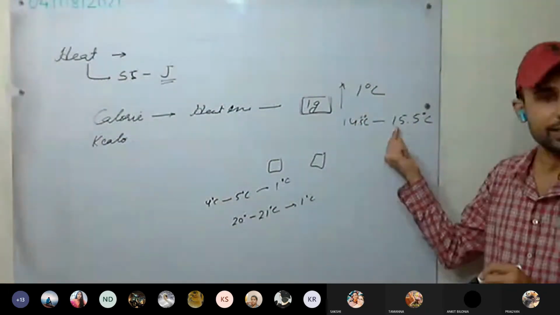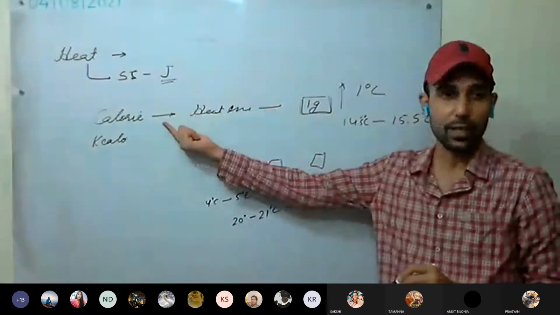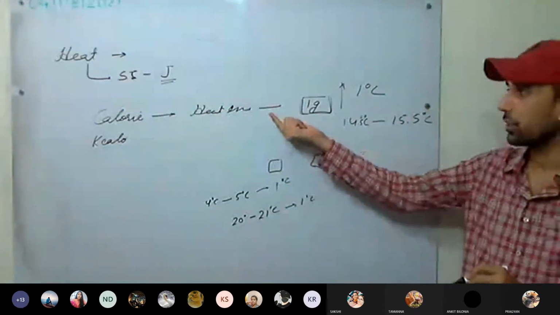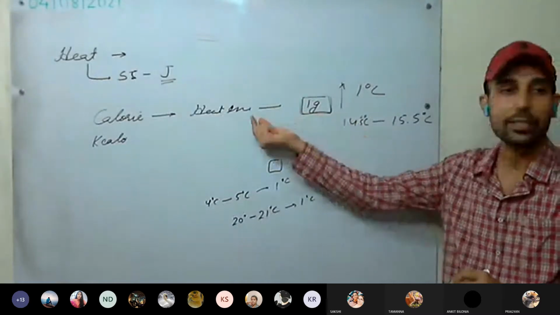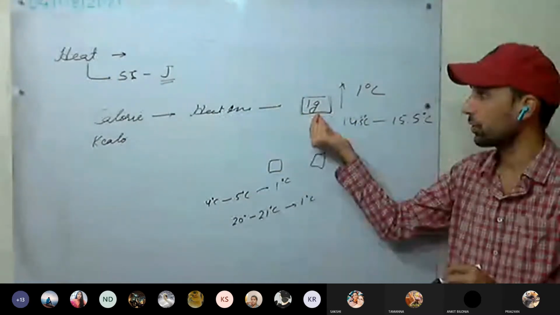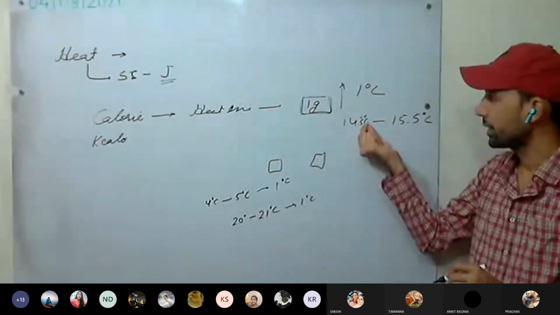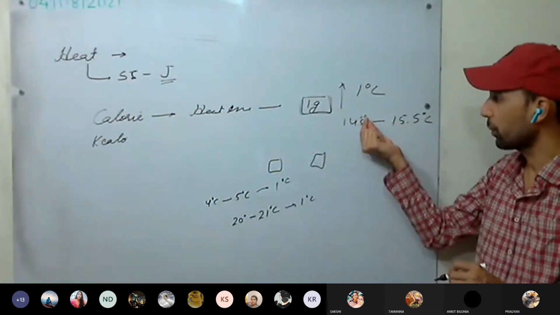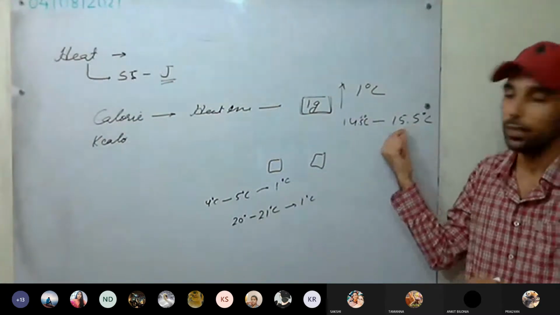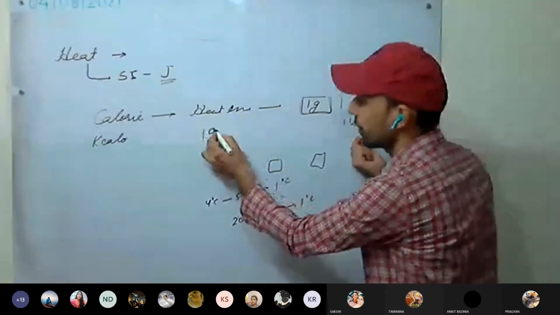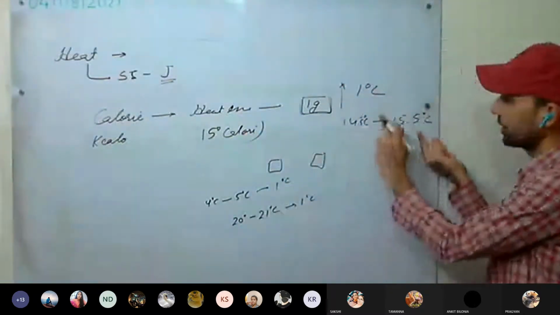It is again 1 degree Celsius only, but we have specified the range. Okay, this is clear. This definition is called the 15 degree calorie. You can see the average is 15 degrees.